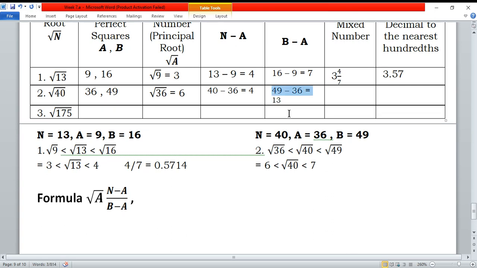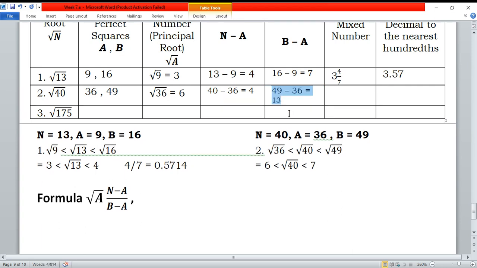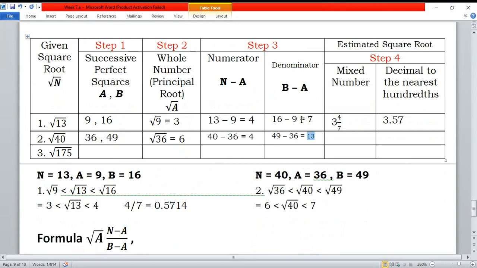Okay, 13. 13, ayun ang denominator natin. Tapos 4 naman ang ating numerator. Okay? So, numerator over the denominator, so that's 4 over 13.